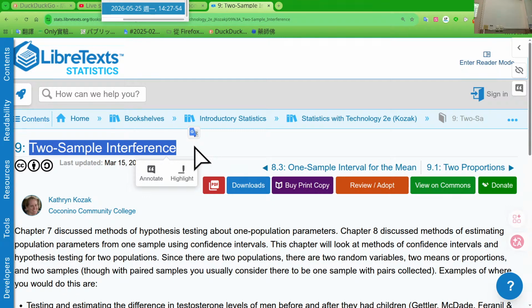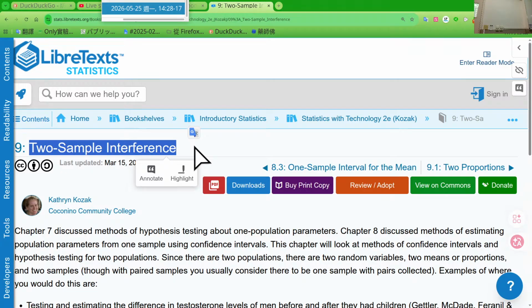Generally speaking, on one hand, there is one sample, and on the other hand, there is another data set that we call the population. Now we have two groups.